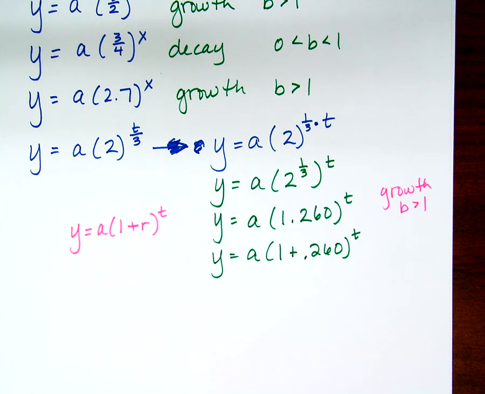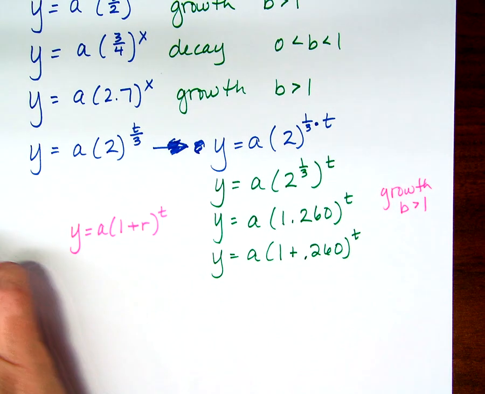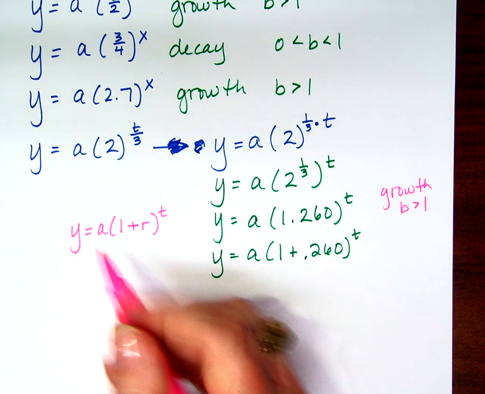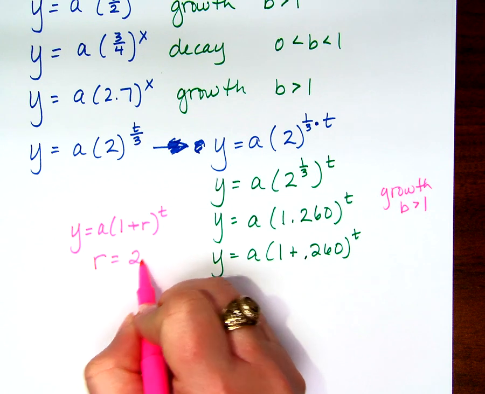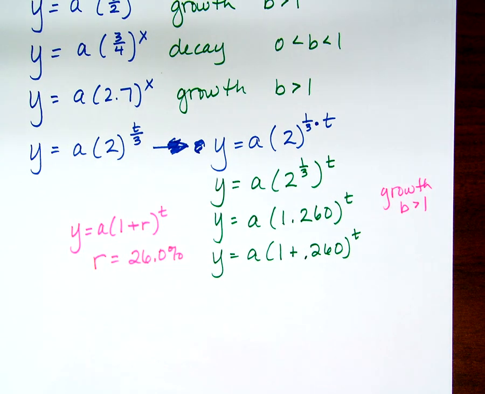That's just bad math. You can know the math and decide to move the decimal place, but you got to know the math before you can do that. Is that fair? So take this number right here and multiply it by 100. And what do you get? 26.0%. So that is the rate of growth for this problem.